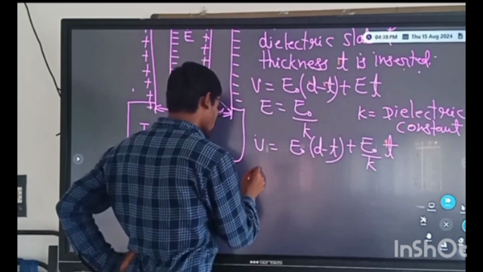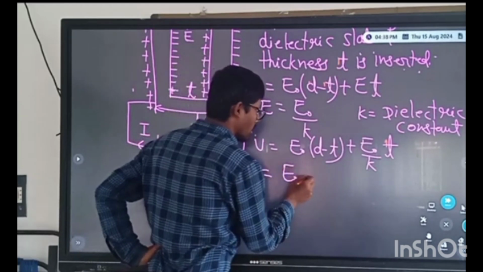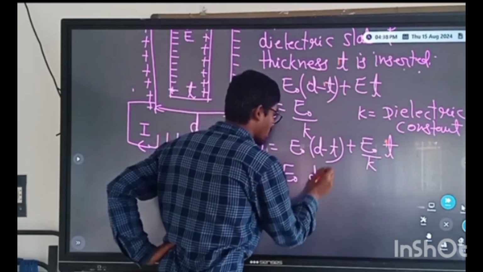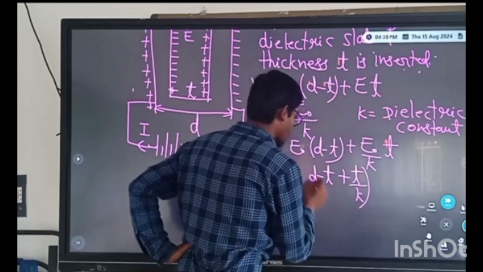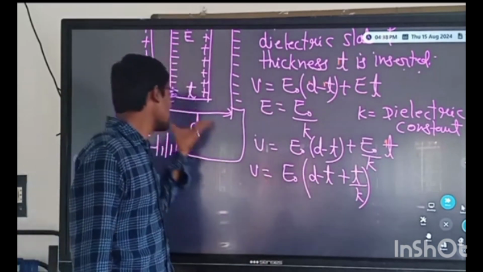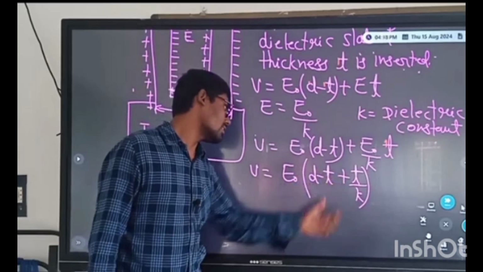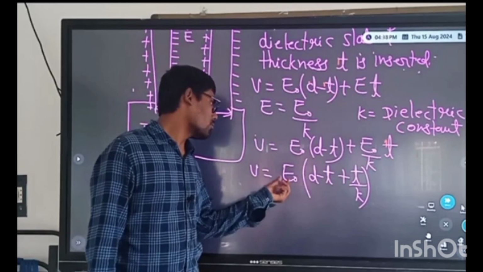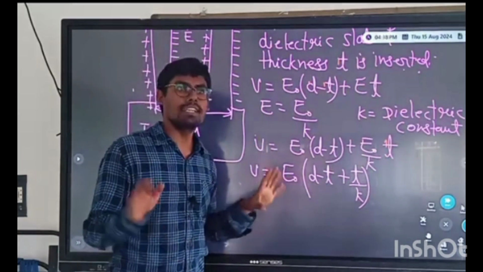Now see, so V will be the external electric field E naught times D minus T plus T by K. Correct? So this is our potential difference between the two capacitor plates when a dielectric slab of thickness T is inserted between the two. Now what is the electric field between the two capacitor plates when no dielectric slab is inserted?